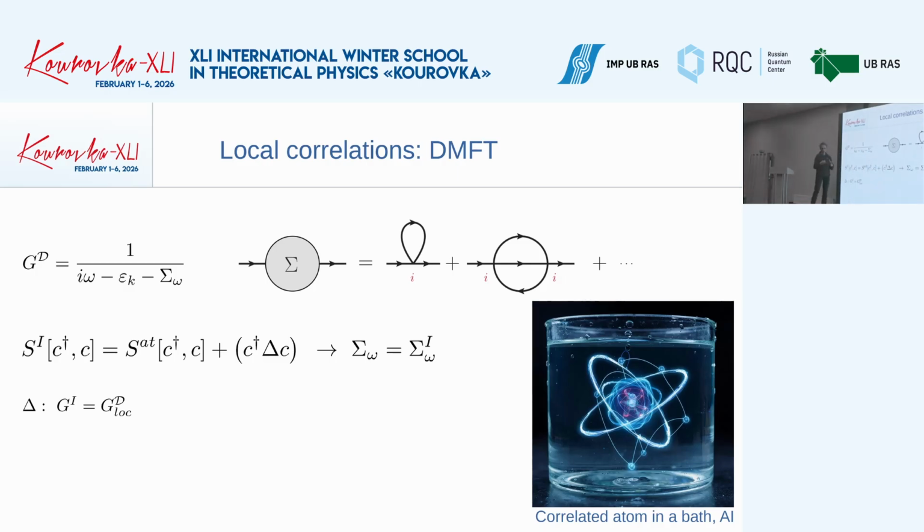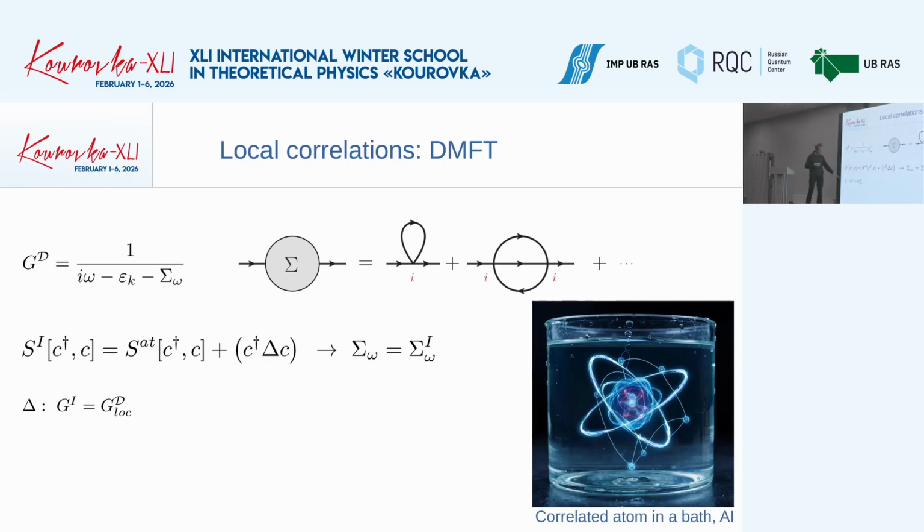So the impurity model is much simpler than the lattice one, and you take this self-energy function and substitute it into the expression for the DMFT Green's function. That's it. The trick is how do you choose the hybridization function?